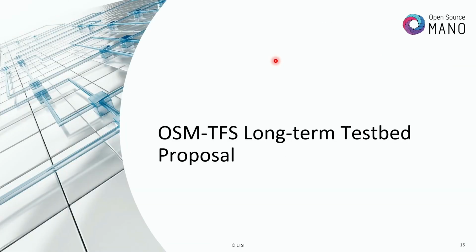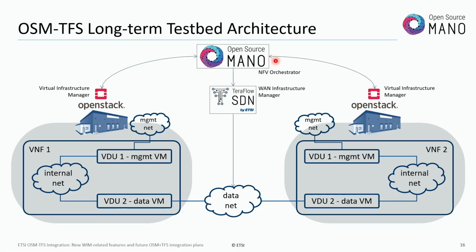Then, the long-term testbed architecture. That's, I would say, the meat of the presentation. The point is that many times, discussing with the OSM community, we are asked: yes, this is very nice what you are doing at TeraFlow, it fills a gap that we have, that is this part of the transport network in between multiple sites.